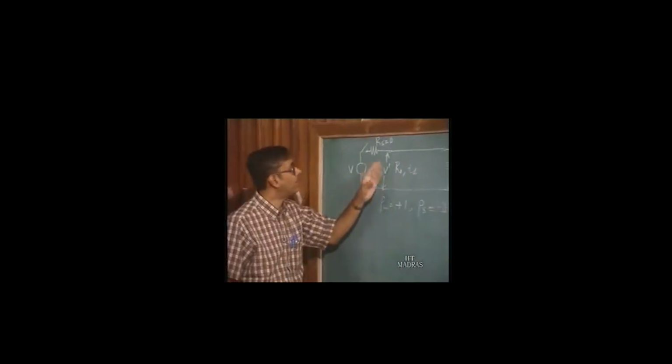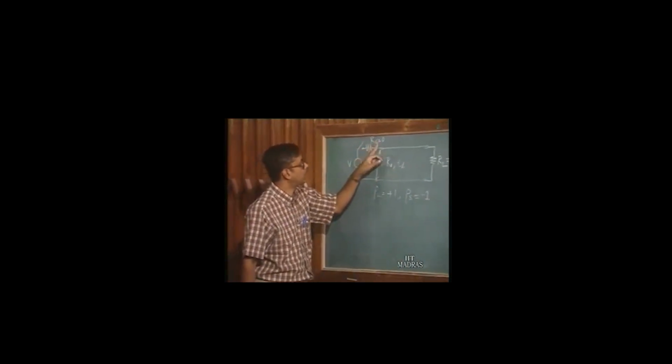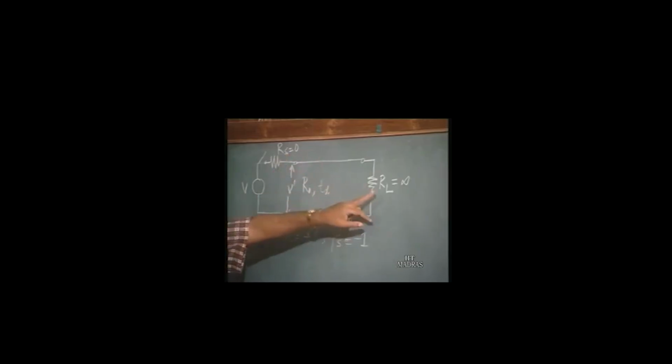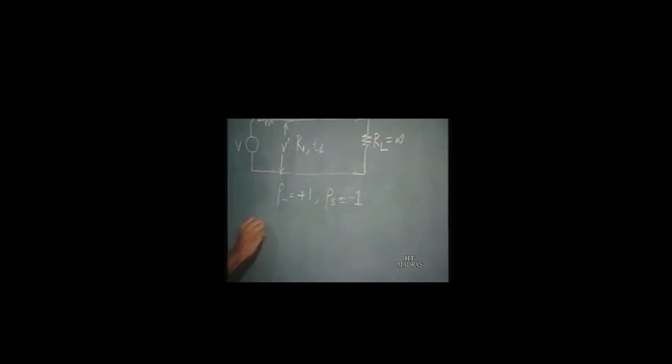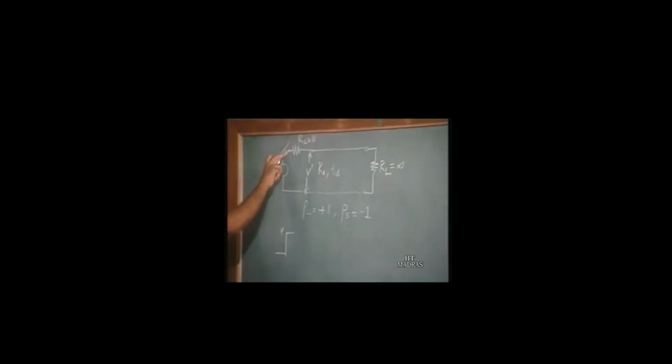So we have seen that if you have a line which is short circuited at the source end and open circuited at the load end, and you have a waveform of voltage V at the source end, that is, when we close this switch here, we get a step input at the source end of the line.